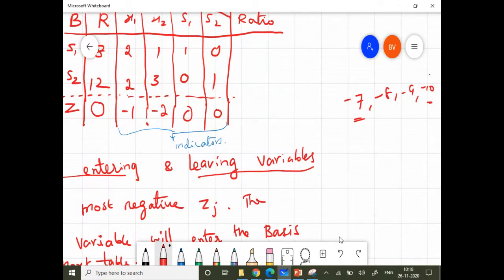The number that is bigger once you remove the negative sign is the most negative. Here 10 is the bigger number. That is called the most negative. So if there are negative values, among them choose the most negative.